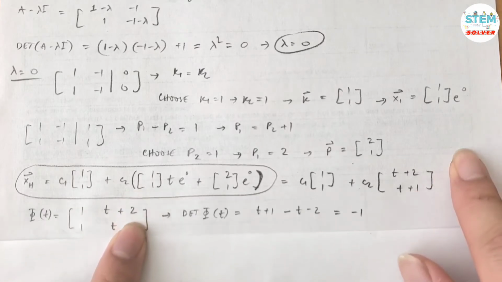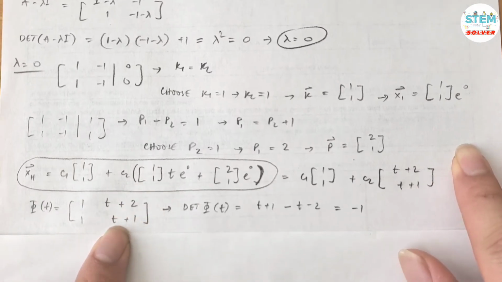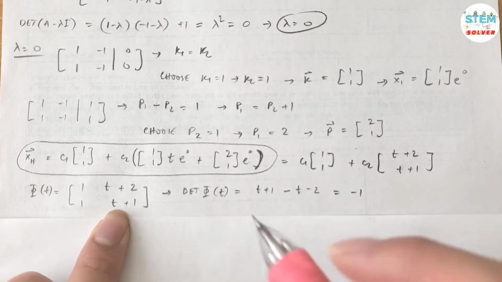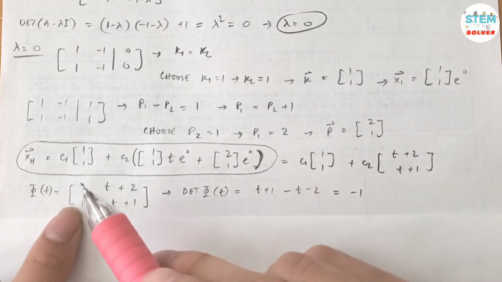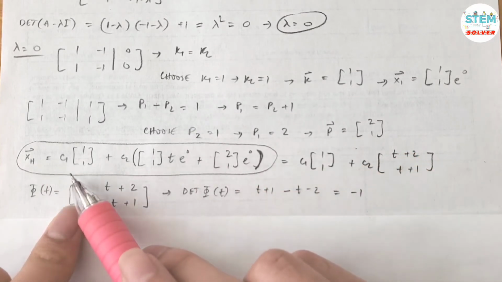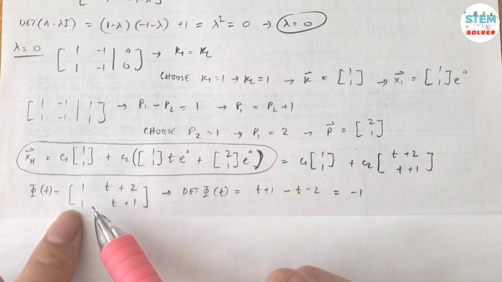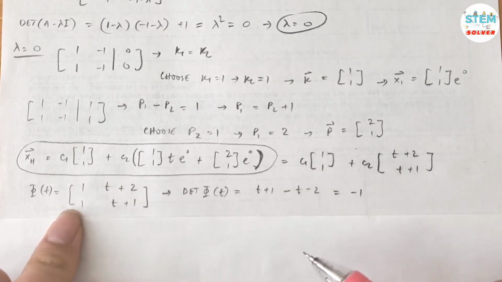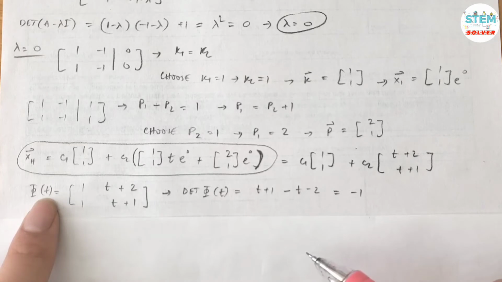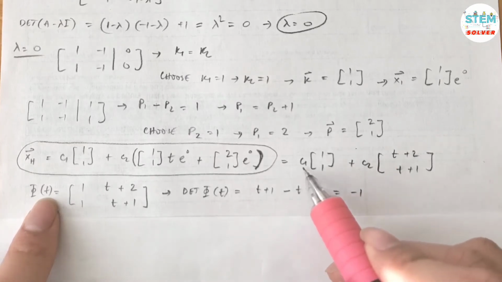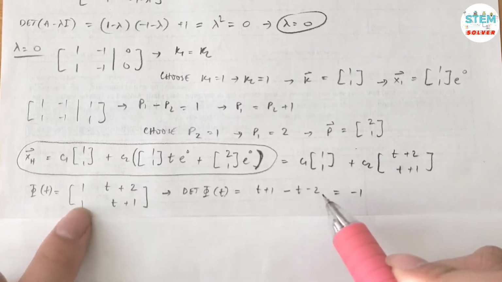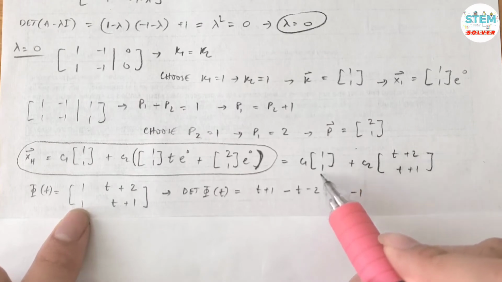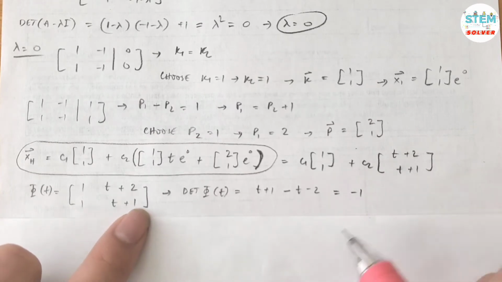Okay, then the next step is to find the non-homogeneous part. So similarly, like A minus lambda I, first you take the homogeneous solution and put it into a matrix, which I call matrix phi of t. So basically, you exclude c1 and c2 and put the rest into this matrix. Okay, so you have (1, 1), (t plus 2, t plus 1).